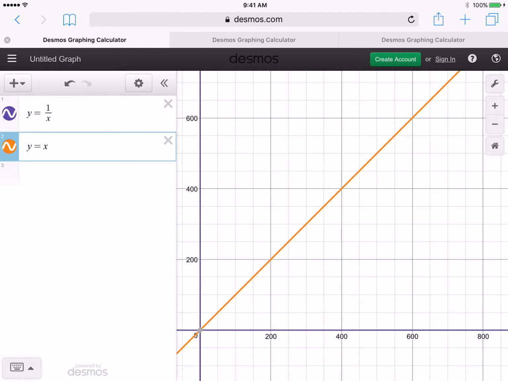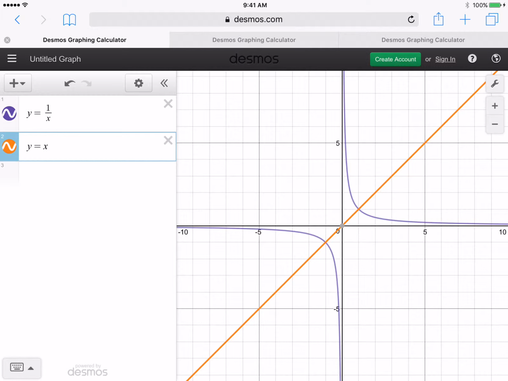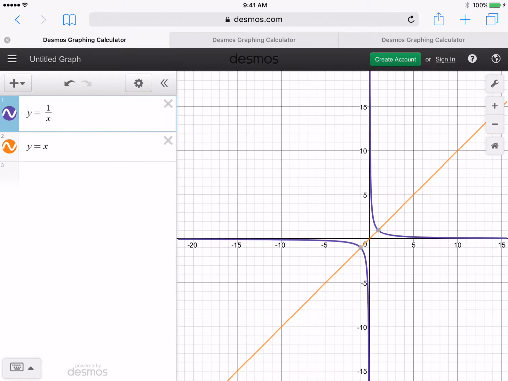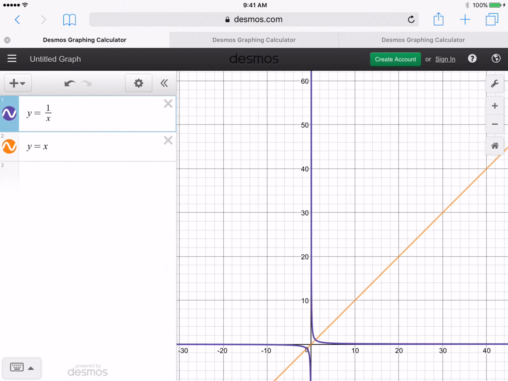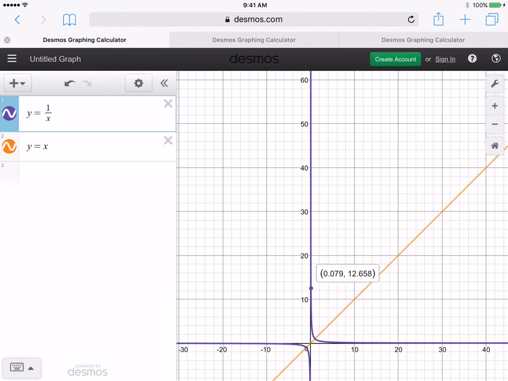But let's take a look at the reciprocal function of that. For the reciprocal function, this time we don't care about the x approaching positive infinity, but we care about the x value approaching 0 from the right side. So as you can see, once again, as the x value is approaching 0, the y value is getting larger and larger.